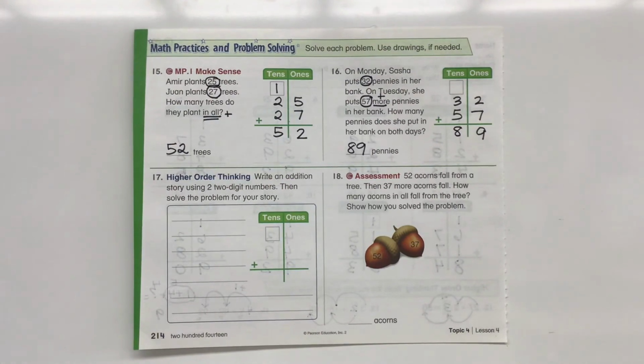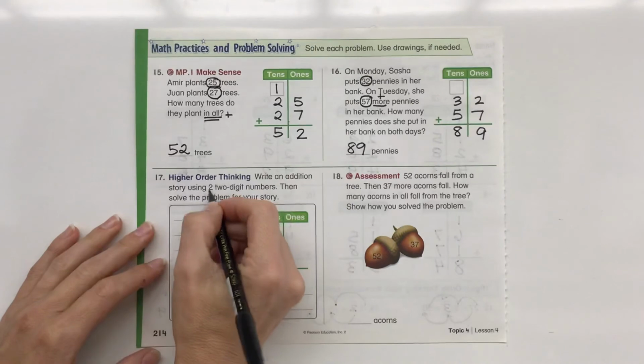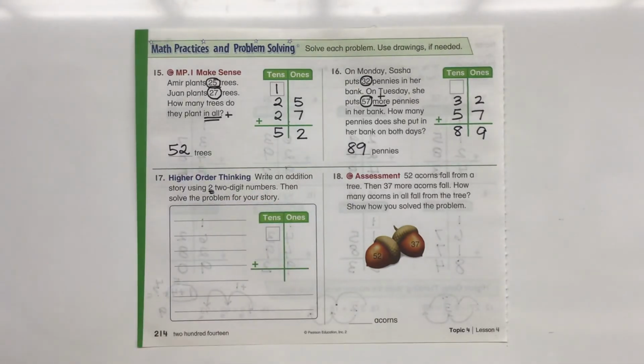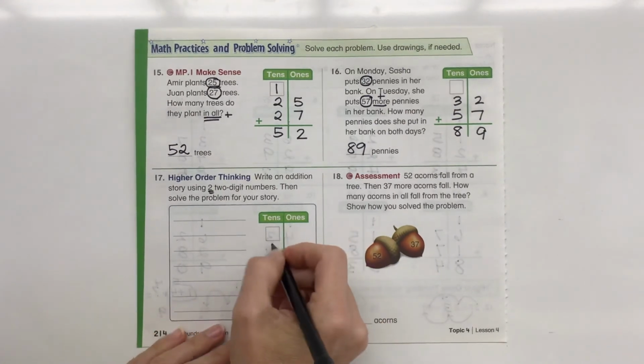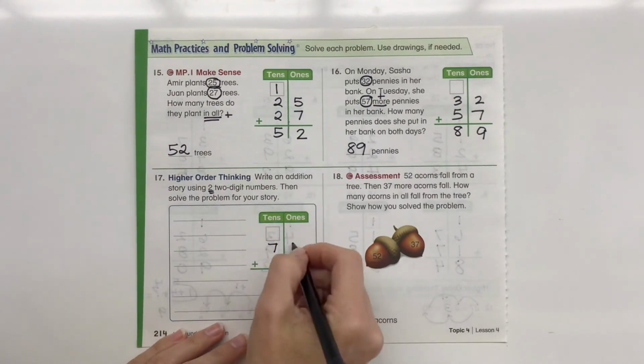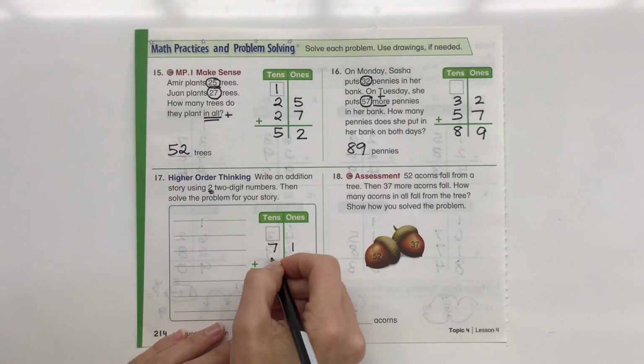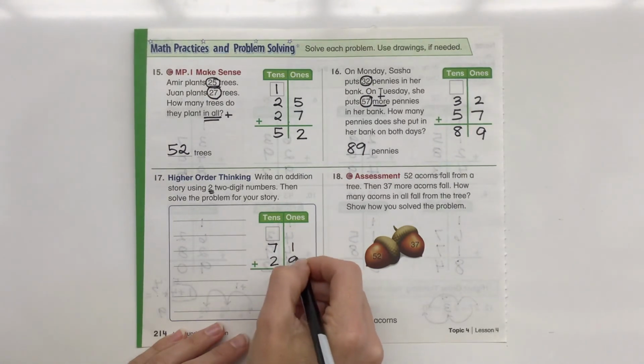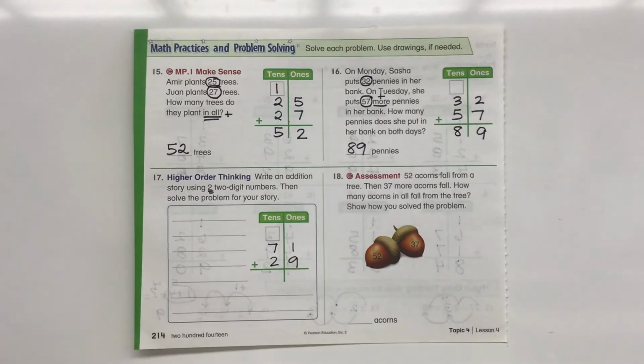All right, our higher order thinking. Write an addition story using 2 two-digit numbers, then solve the problem for your story. Let's see. I'm going to do 71 and, let's see, 29. Let's see what happens with this one.